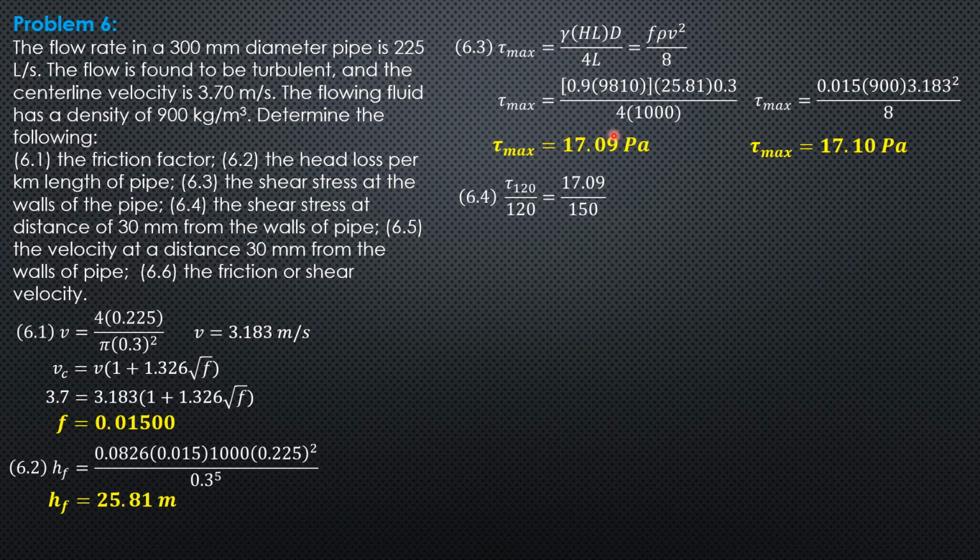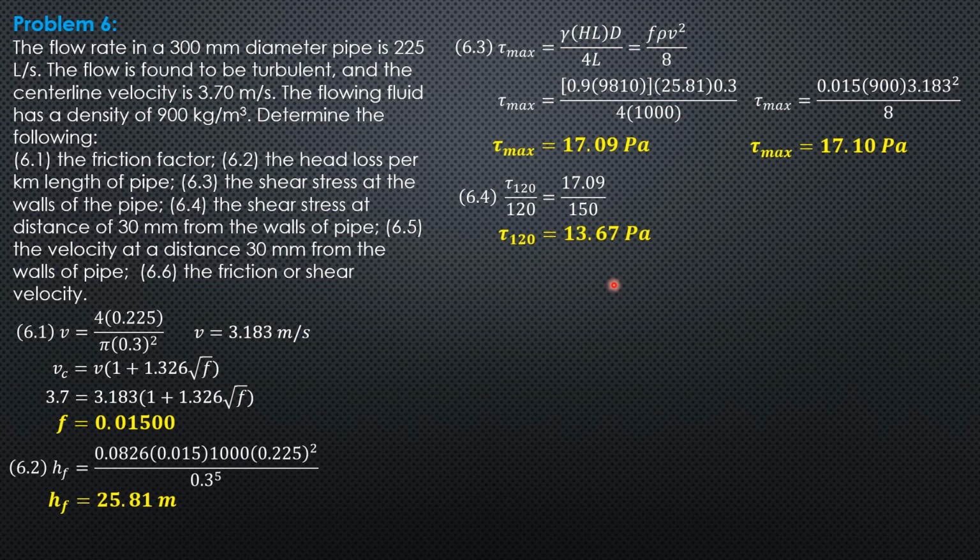The direct formula is gamma head loss R, which is 0.12, over 2L. That's the direct formula, but this is better because you don't need to memorize. So it is 13.67 pascals.